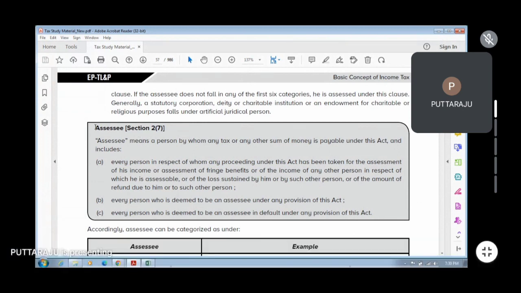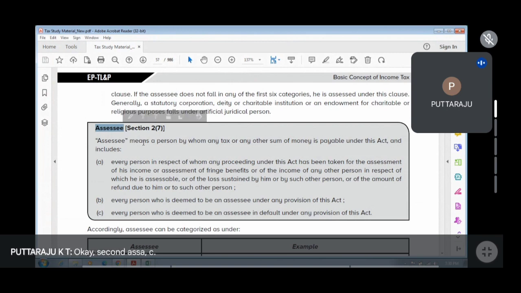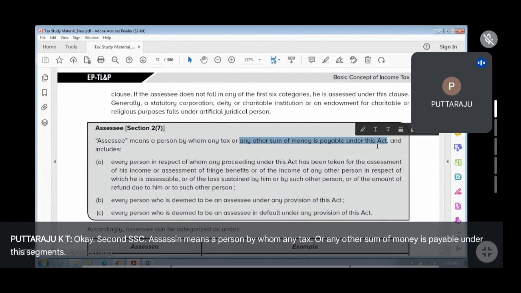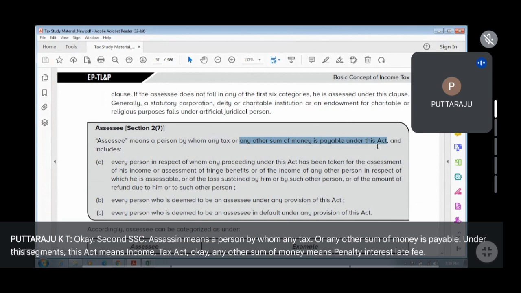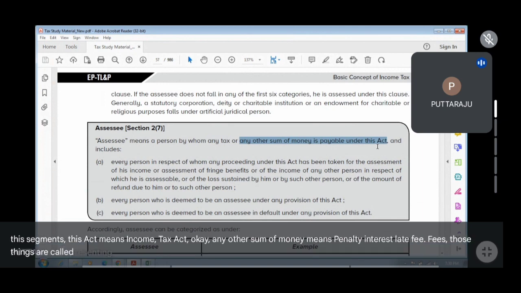Okay. Second, assessee. Assessee means a person by whom any tax or any other sum of money is payable under this act, meaning the Income Tax Act. Any other sum of money means penalty, interest, late fee, fees. Those things are called other sums. That's the reason I told you to please go through the act language always.